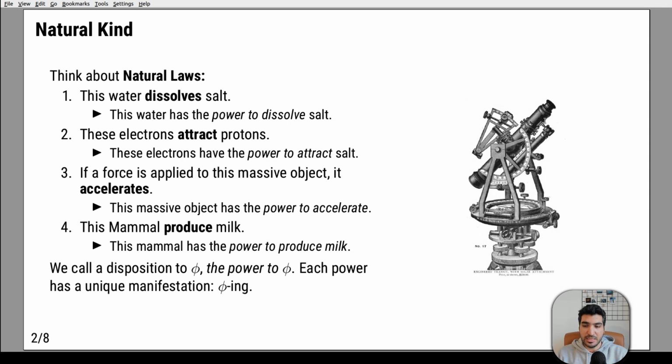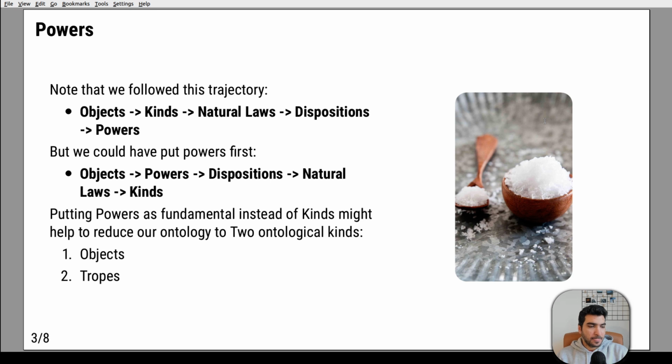So if that water is dissolving salt, it is manifesting that power. These electrons, if they are attracting protons, are manifesting that power to attract. If that massive object is accelerating, then it is manifesting the power to accelerate. And if this mammal is producing milk, then it is manifesting the power to produce milk. So it's just a new terminology that we're defining.